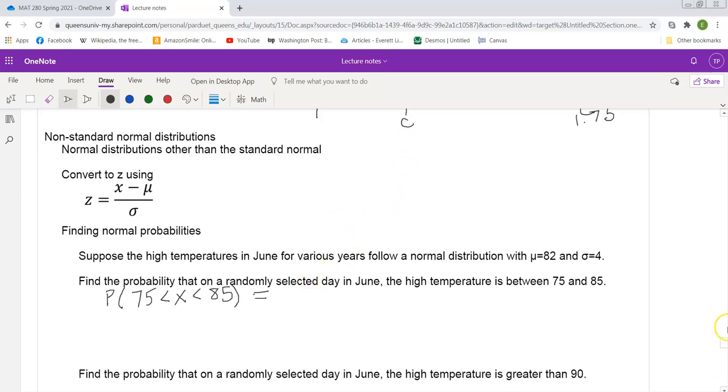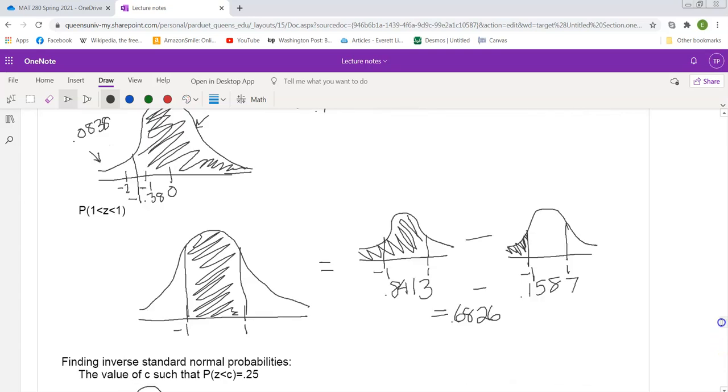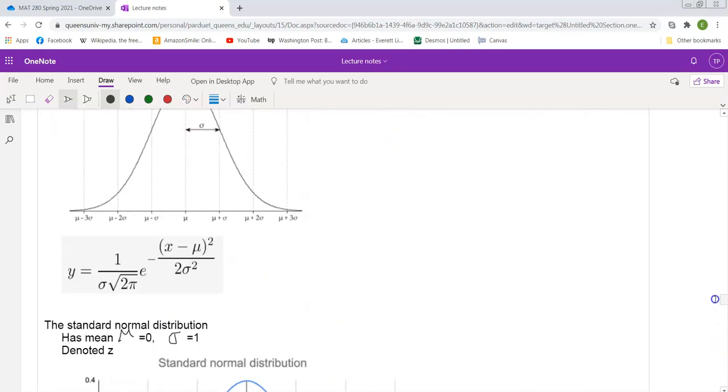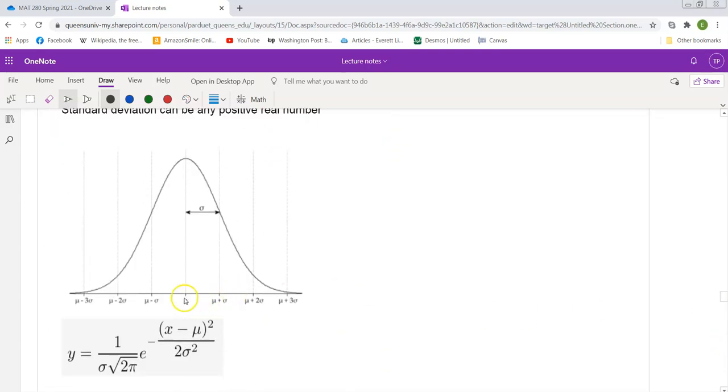And that's because, if I go back up and look at this, for the non-standard normal distributions, we're looking at this picture. You could, if you wanted to, put in a second axis down here.